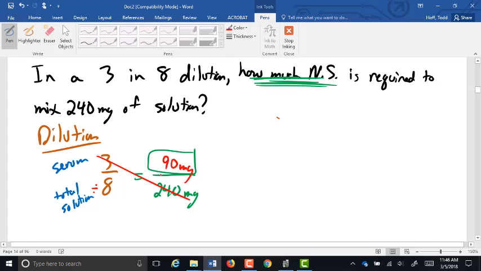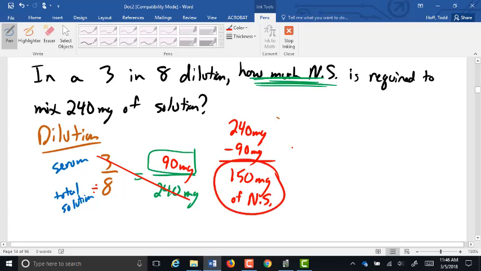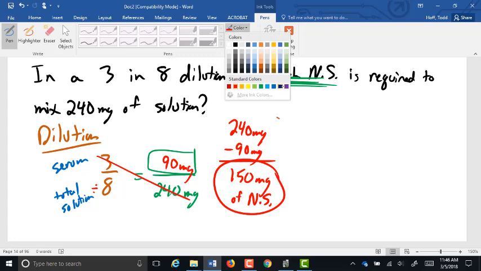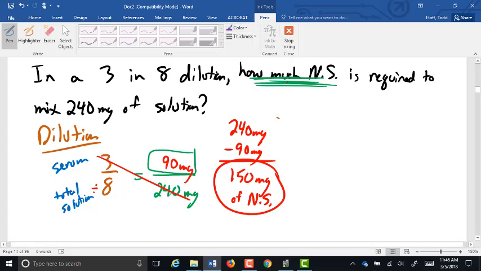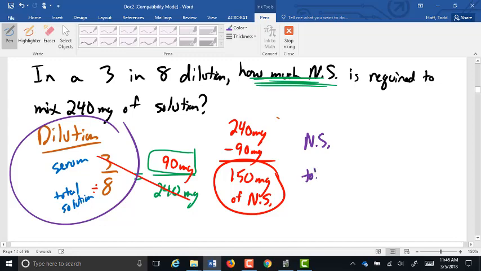We could cross multiply and divide and get that 90 milligrams for serum, and we can get the milligrams of saline by subtracting. 240 milligrams minus 90 milligrams gives us 150 milligrams of normal saline to finish that mixture. Or the other approach we could have taken is we could have converted this dilution, that ratio of serum to total, to a ratio of saline to total solution.